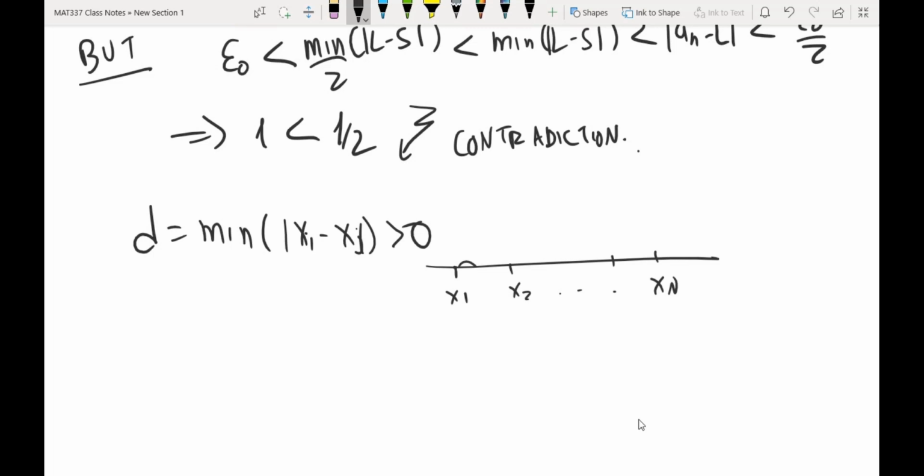So there is a positive distance between them. But as I said, we didn't have to use it. Yes, but in the end, you concluded that the absolute value of AN minus L is less than epsilon, right? Right, and epsilon equals D over 2.